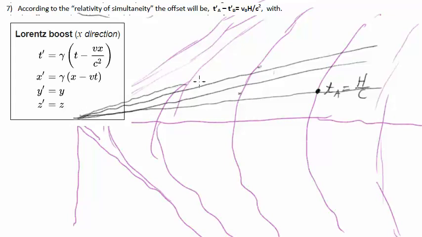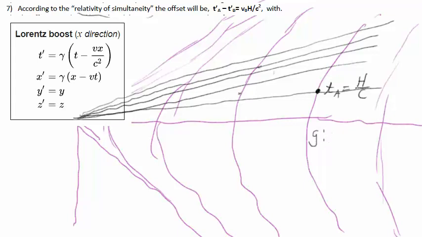Here's what the relativity of simultaneity would say with regards to a set of Rindler coordinates where, let's say, g is the acceleration, which is c squared over x sub a.